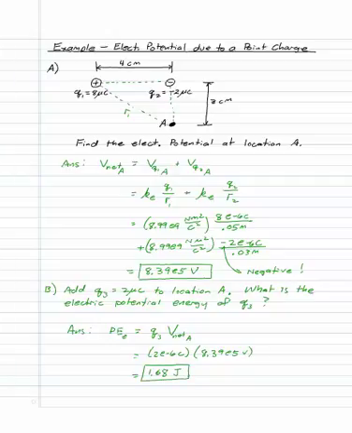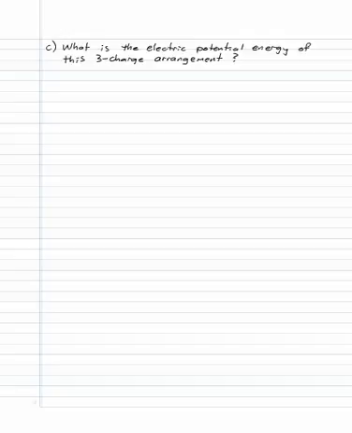Okay, and now part C, I'm going to flip the page for that one. So part C, what is the electric potential energy of this 3-charge arrangement? And the semantics here are important. The 3-charge arrangement. So what I'm asking for is the electric potential energy of that whole system of 3 charges.